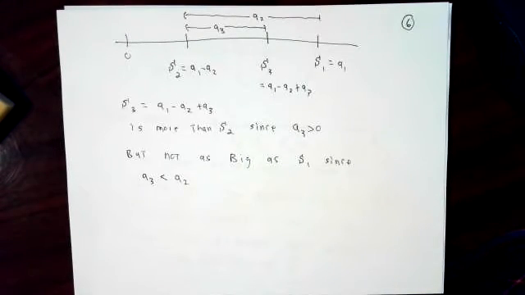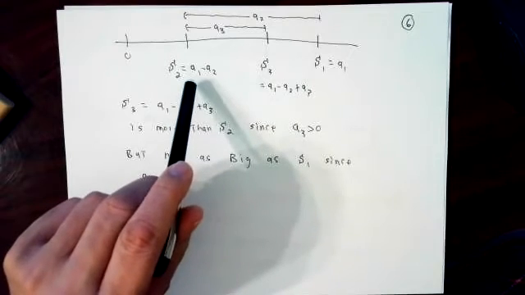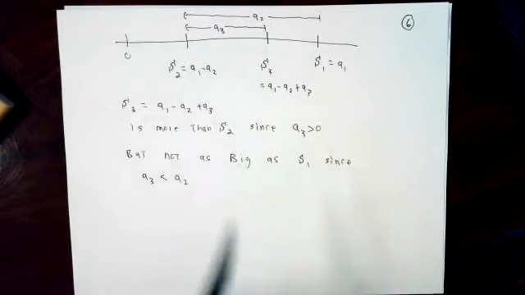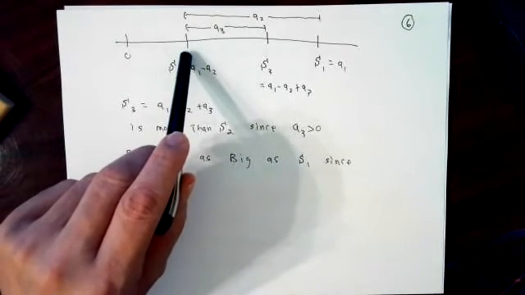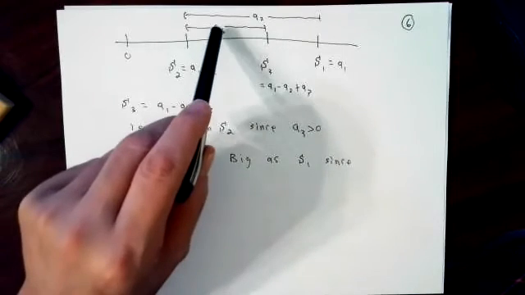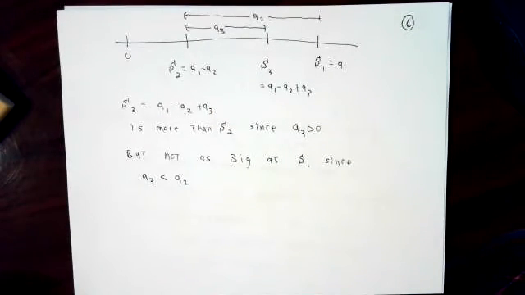But this is an alternating series, so things are more complicated than this. If I want to calculate S number 3, that would be A1 minus A2 plus A3. S2 is A1 minus A2. So when I add the A3 to obtain S number 3, that's going to move me to the right of the location of S2 by an amount A3.